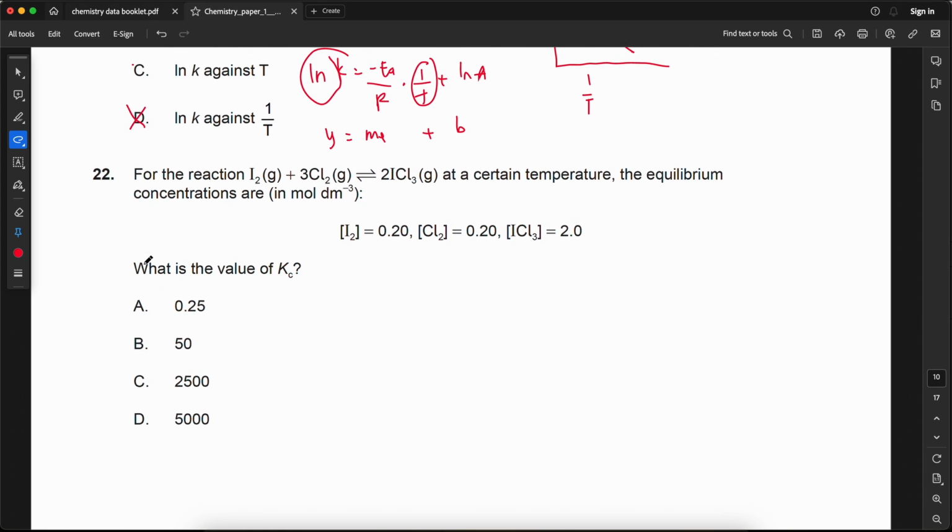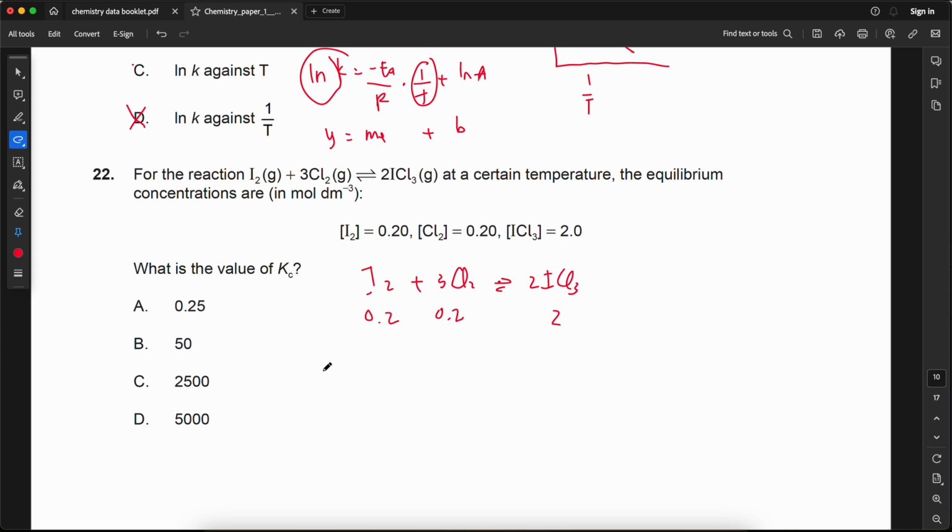For the reaction I2 plus 3Cl2 produce 2ICl3 at a certain temperature, the equilibrium concentrations are in mole per decimeter cubed. So I2 plus 3Cl2 gives 2ICl3, with 0.2, 0.2, and 2.